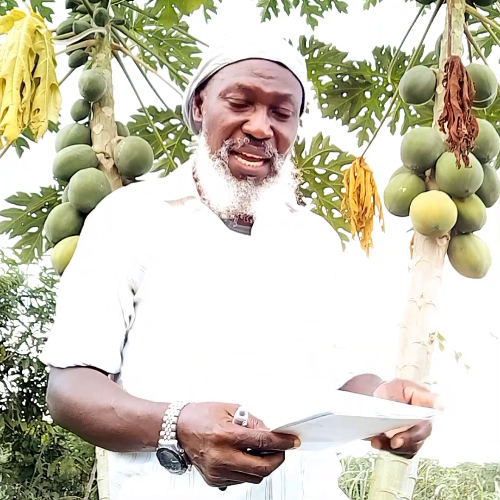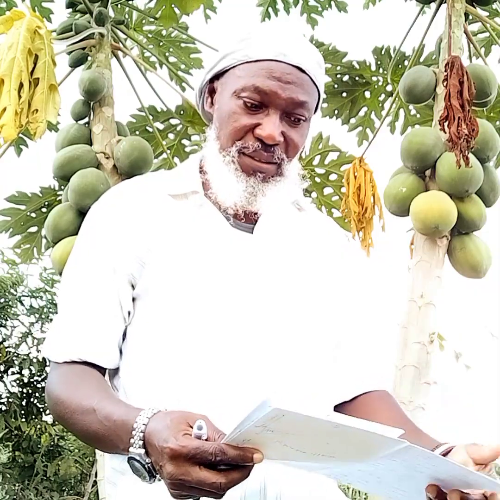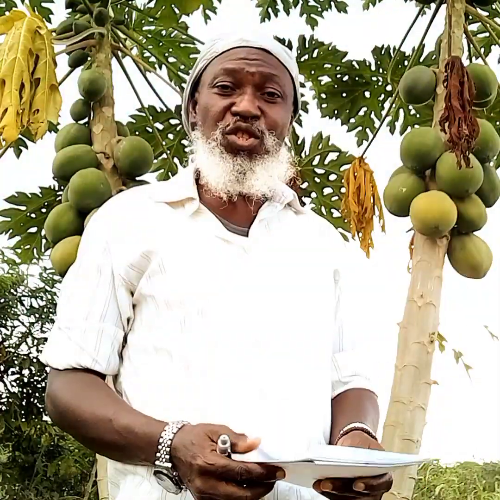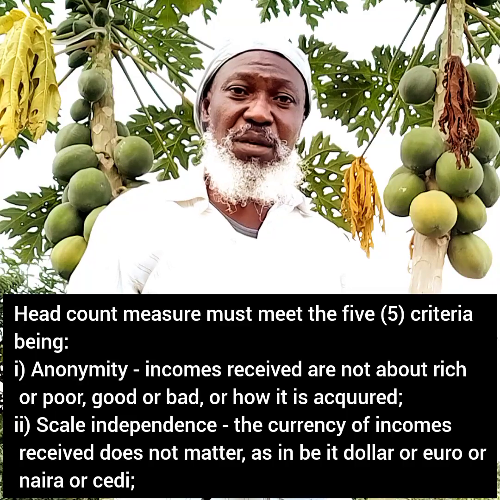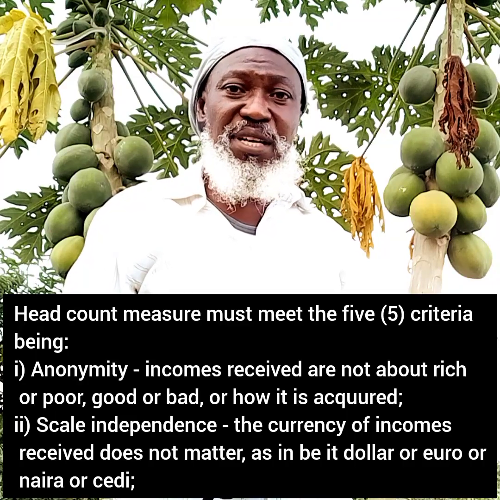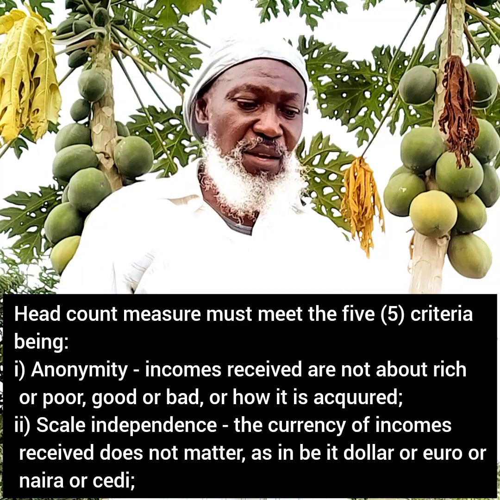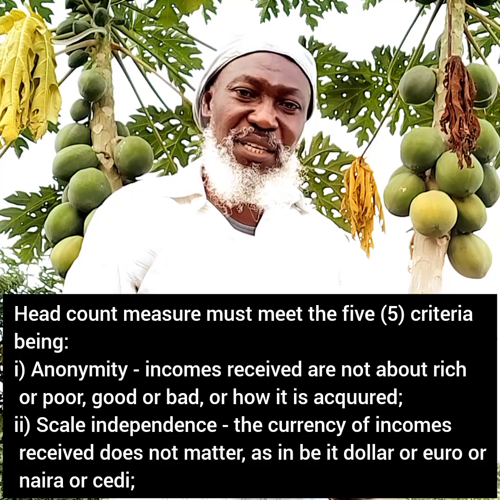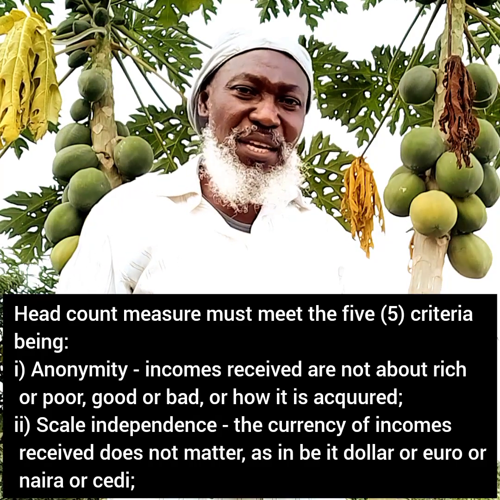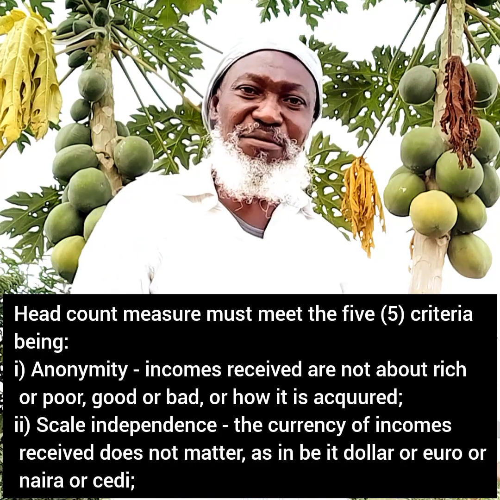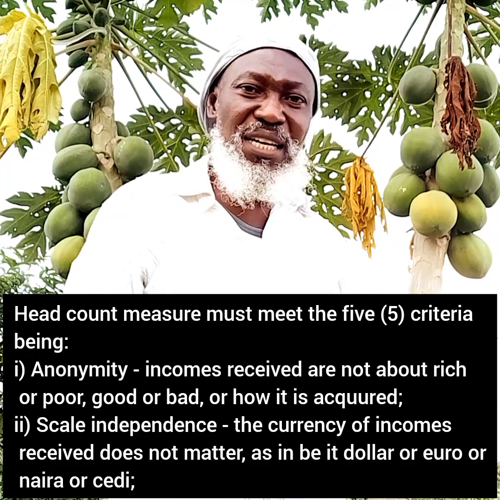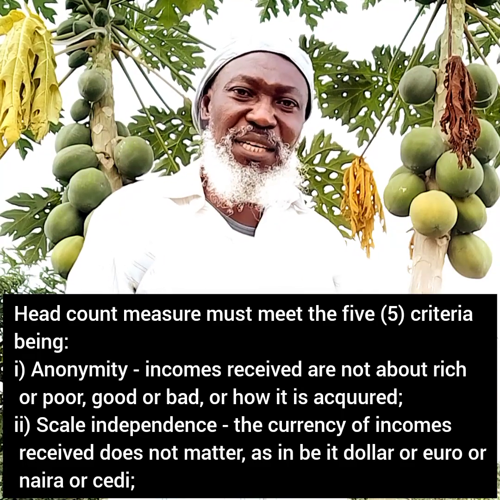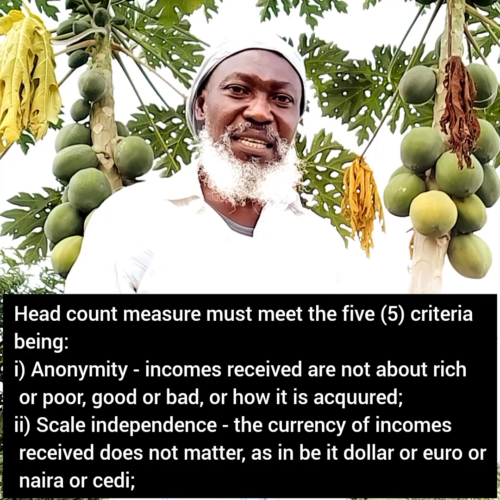So the headcount ratio works. However, it must meet certain conditions, like we discussed in inequalities. One of them has to do with anonymity. You have to understand that all incomes are incomes. We don't have rich and poor income, or good income and bad income. How you get it is not the issue, it's just an income that you earn.